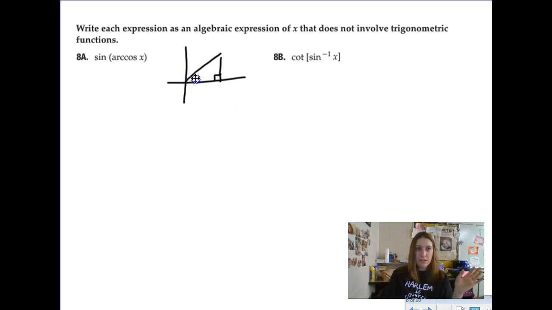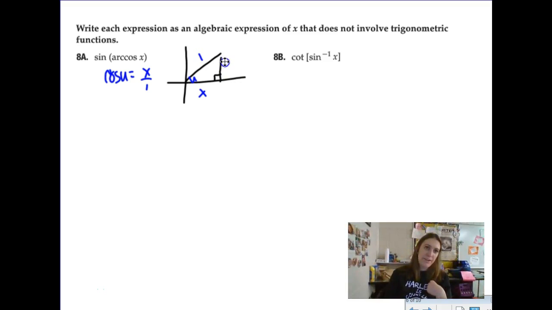So we have some mystery angle here, whatever you want to call it. If you want to go back and call it U, you can. But the arc cosine is coming out to x, which means that the cosine of this mystery angle is x over 1. You have to think about applying the cosine. So the cosine, remember, is adjacent, or x, over hypotenuse, or r, which is 1.